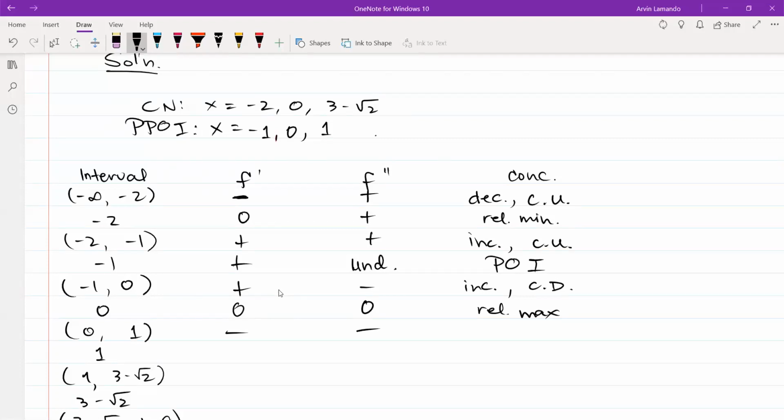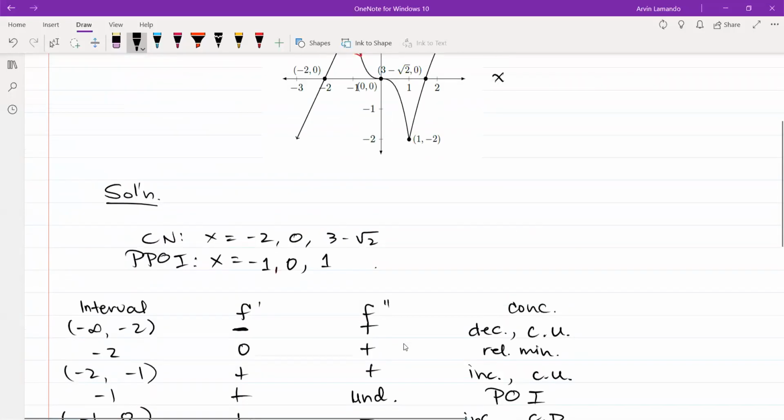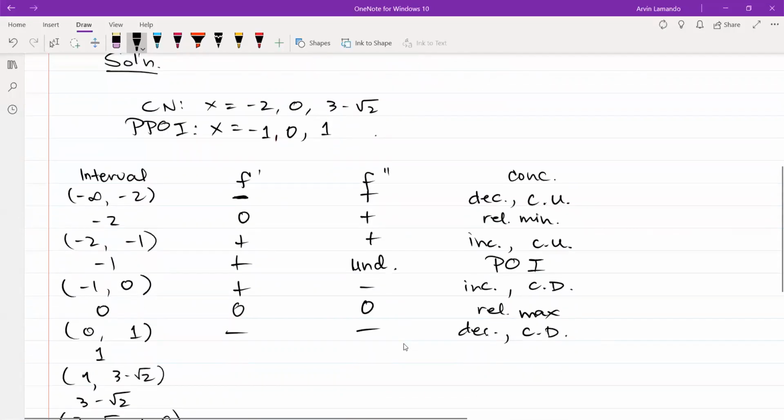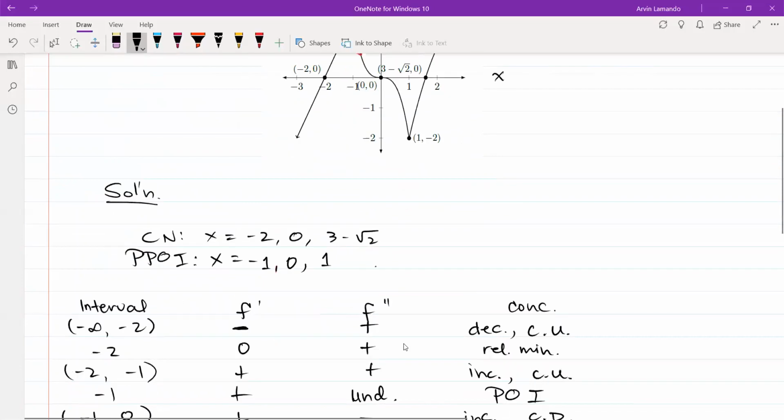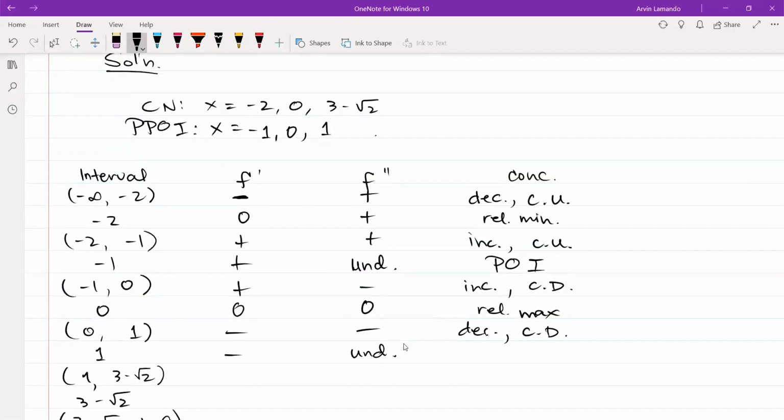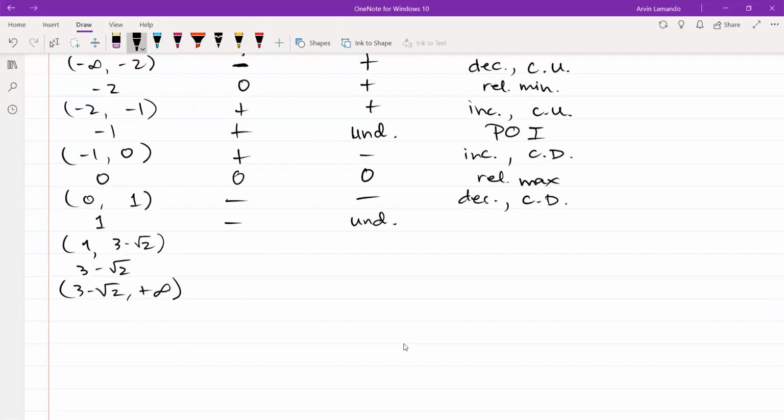And in this interval, f is decreasing, but it's still concave down. At x equals 1, we have a possible point of inflection. So let's fill out the next row.